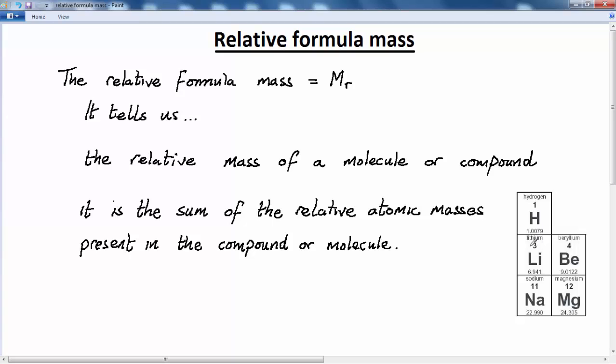The top number is the atomic number, which is given the symbol Z. That's the number of protons that are present in the nucleus of the atom. And the bottom number is Ar, that's the relative atomic mass of the element. So once we know this from the periodic table, we can then determine the relative formula mass of any molecule or compound. Let's have a look at some simple examples.